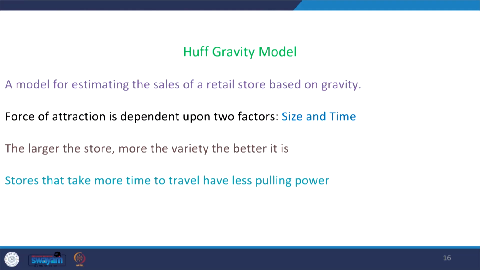Another factor which is going to complement this is the time which people take to reach that particular retail establishment. If the time required to reach this retail establishment is less, this is definitely going to have more pulling power. It is going to enhance attractiveness. But if it takes a lot of time for people to reach that particular location, it is indeed going to have less pulling power.